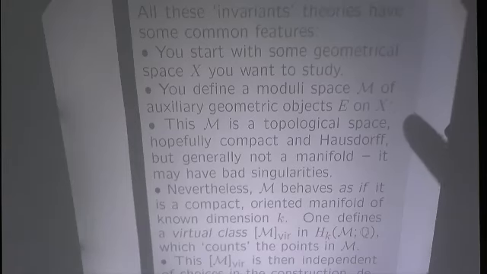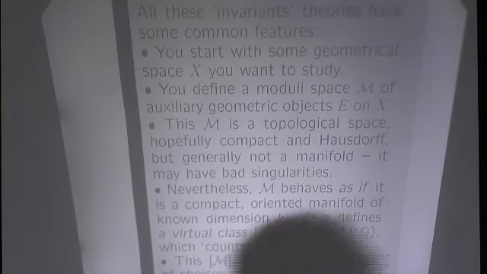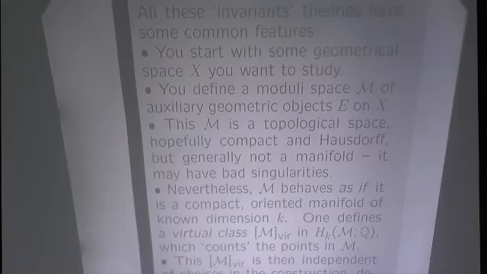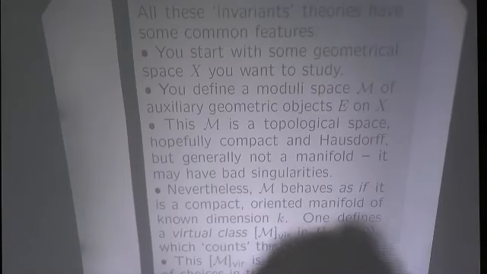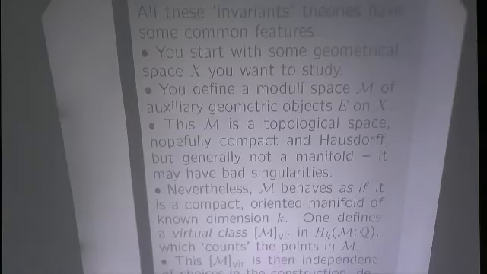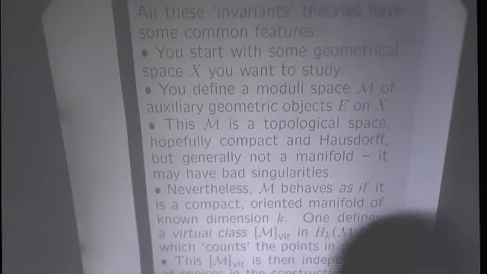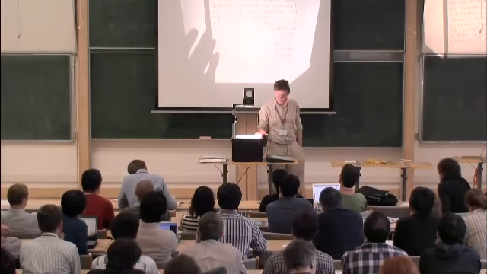So this moduli space M is initially a topological space. Hopefully it's compact and Hausdorff, but in general it's not a manifold. It could have some quite bad singularities, but you still somehow manage to treat it as if it is a compact and oriented manifold of some known dimension k.